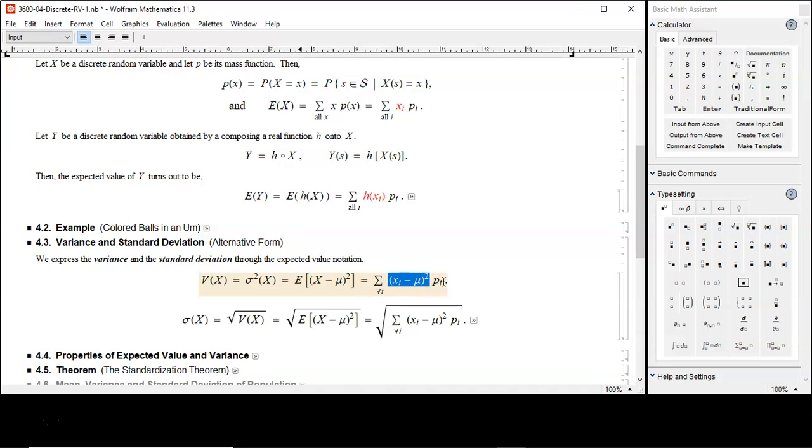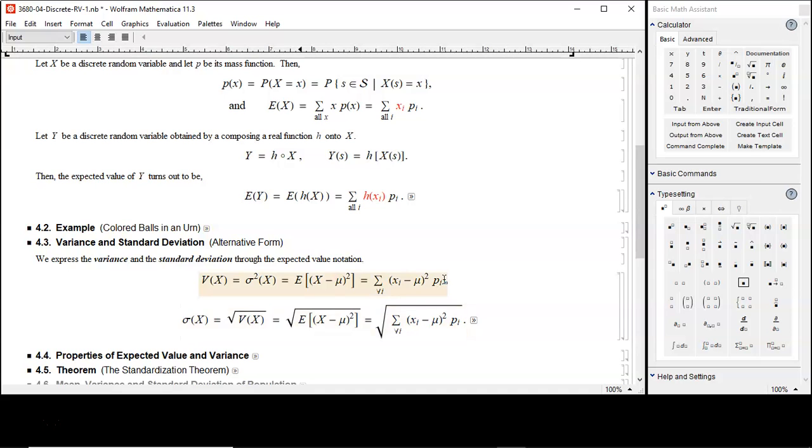We can express variance as an expected value of this random variable, which is associated to the original random variable, but of course not the same. Same for standard deviation. Expected value of this squared random variable, and then we take the square root. So standard deviation needs a final square root, so it's more complicated.